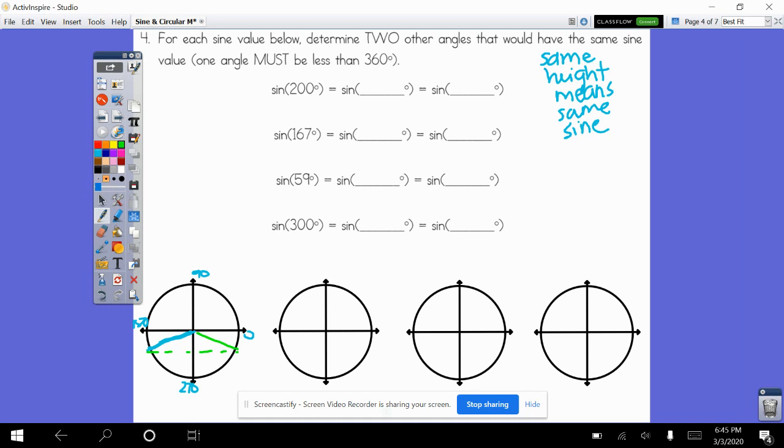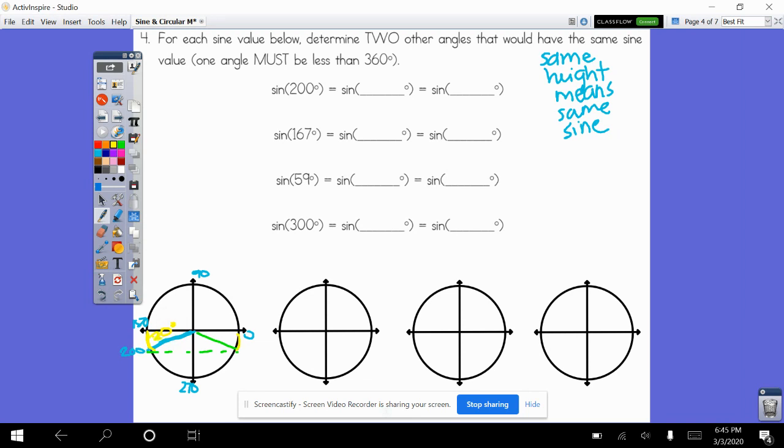Okay, so the way I'm going to do that is, once again, I know this is 200. So 200 is, this looks like a 20, my bad. 200. Okay, so if that's 200 degrees, I'm trying to find the one across from it. The easiest way to do that is to find out how far is 200 from 180. Well, 200 is 20 degrees from 180.